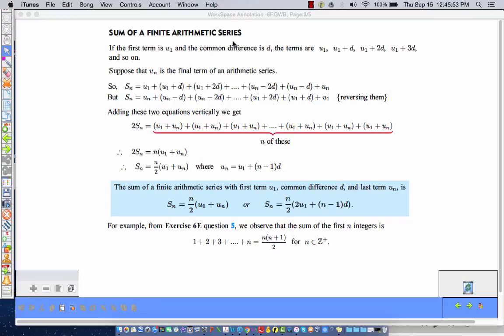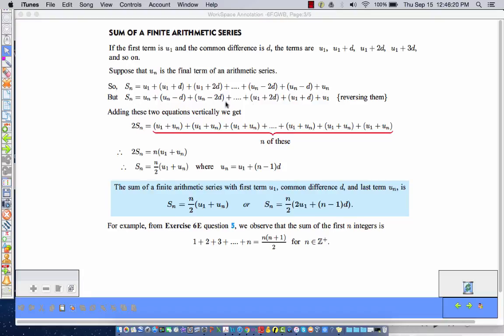This just runs through a proof of where some of the formulas come from. If we say that u sub n is the final term, and this is the first term, we can get the next term by adding d, and the term after that plus 2d, and on down the line until I get to u sub n.